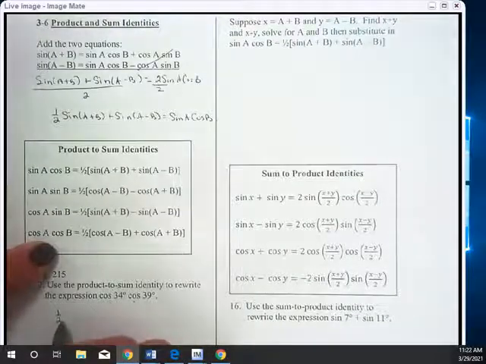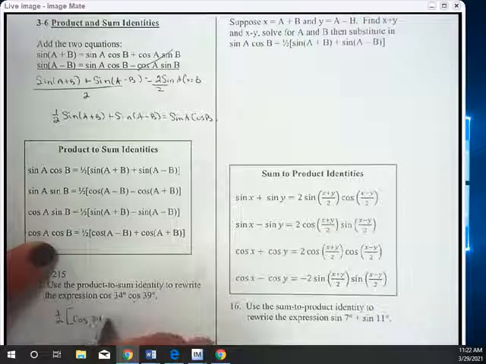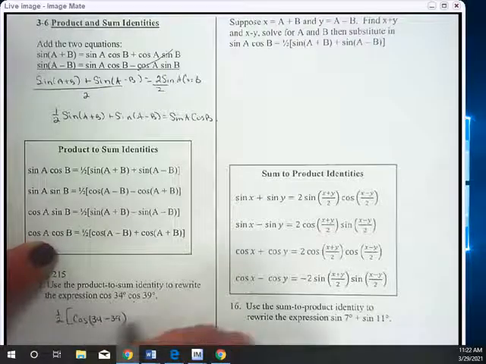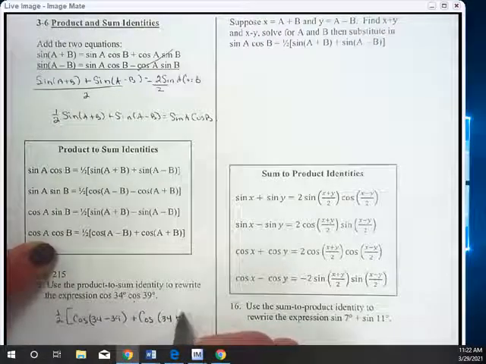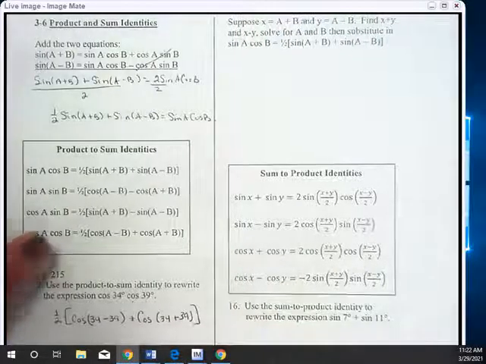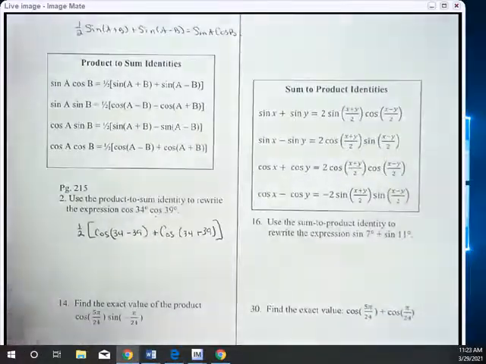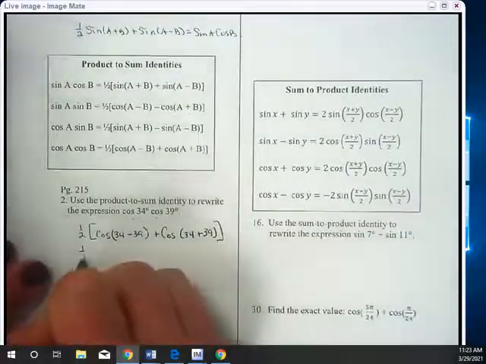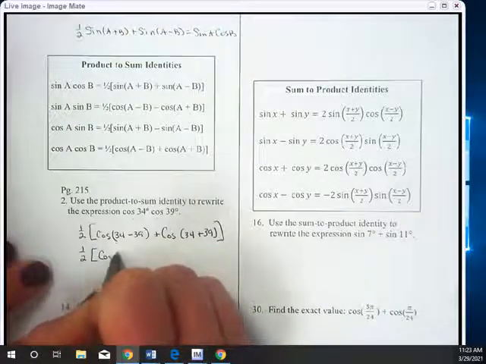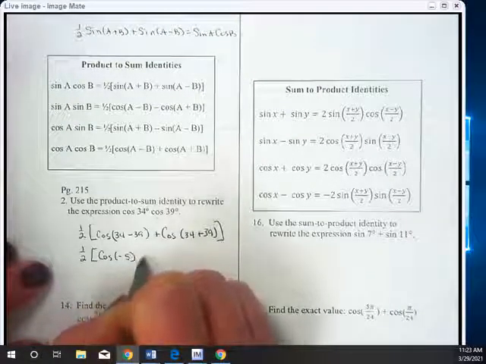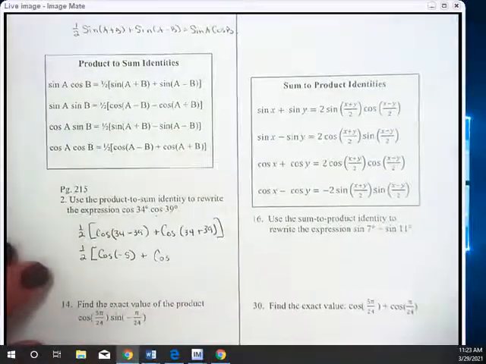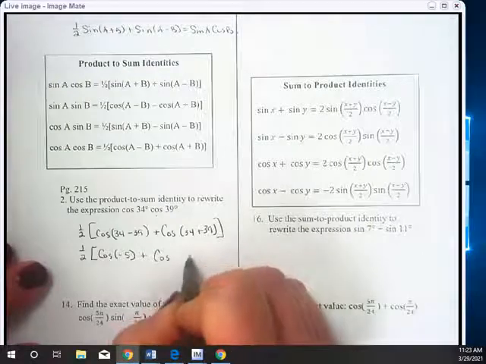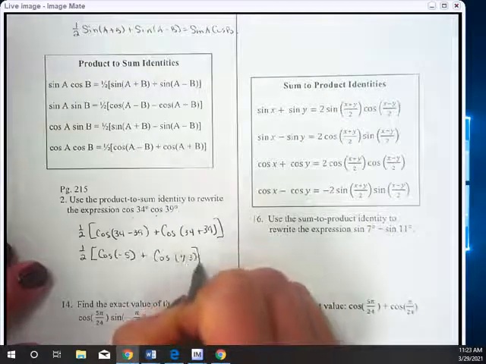That is 1/2 of the cosine of 34 minus 39 plus the cosine of 34 plus 39. 34 minus 39 is a -5. 34 plus 39 is 73.